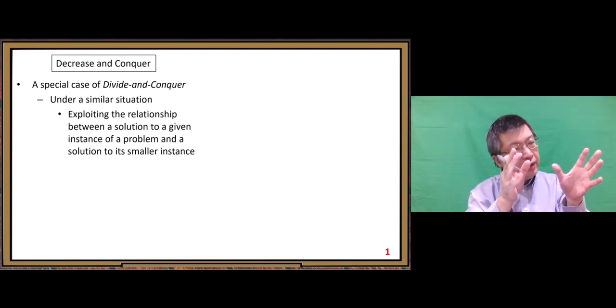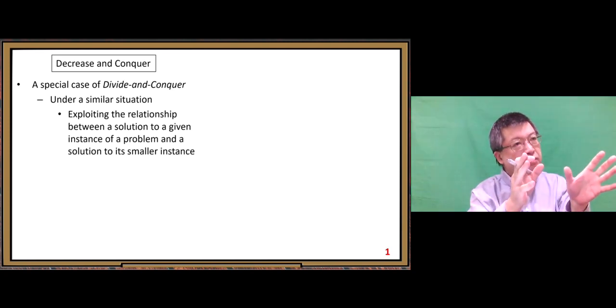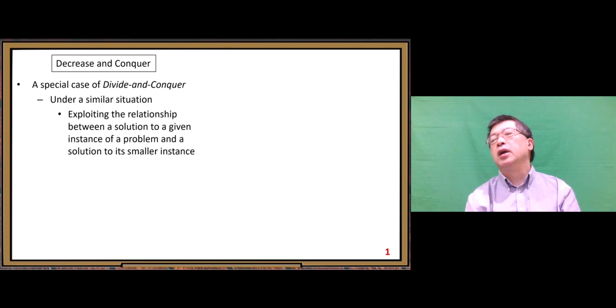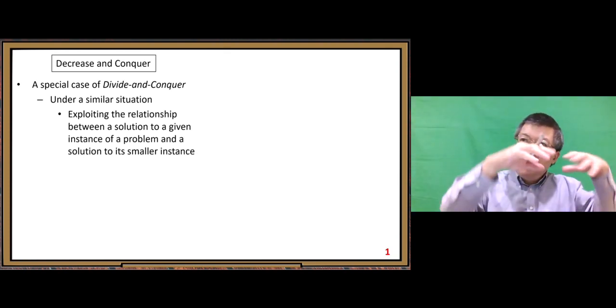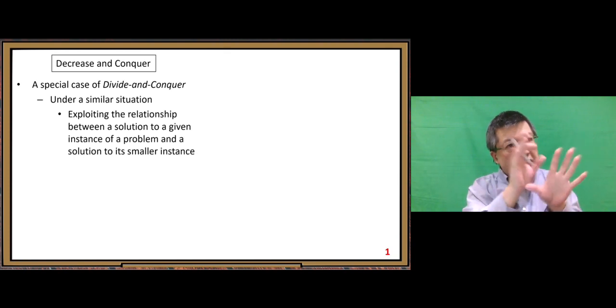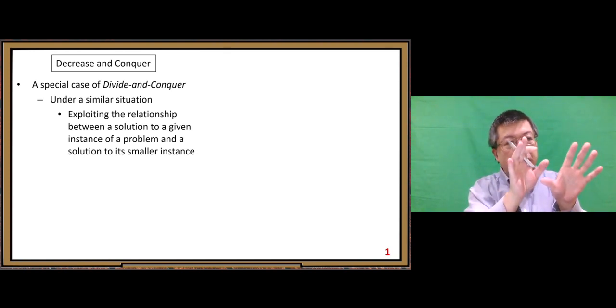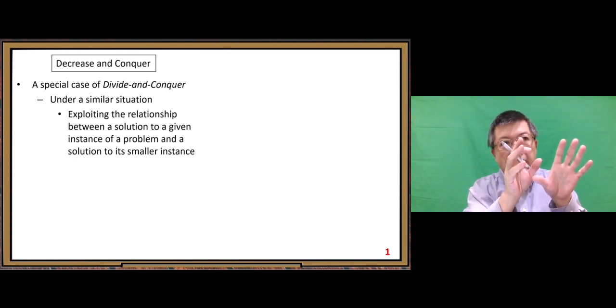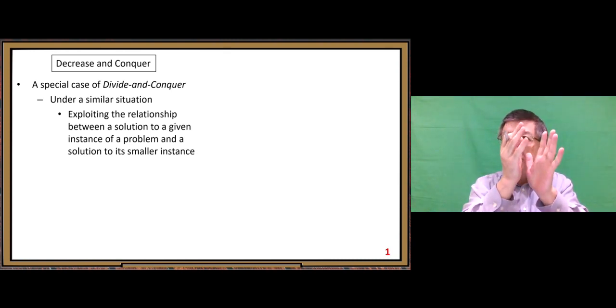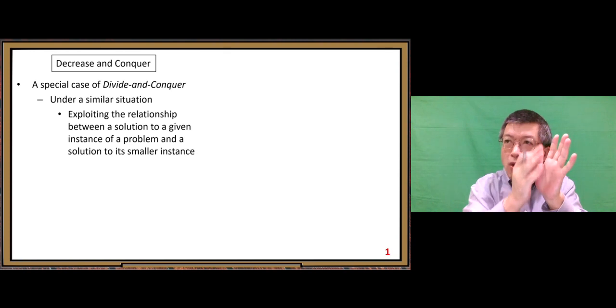When you work on a problem with the given size, you can call it the current instance. But when you work on it, you can consider its relationship with a similar problem, but the problem size is smaller.